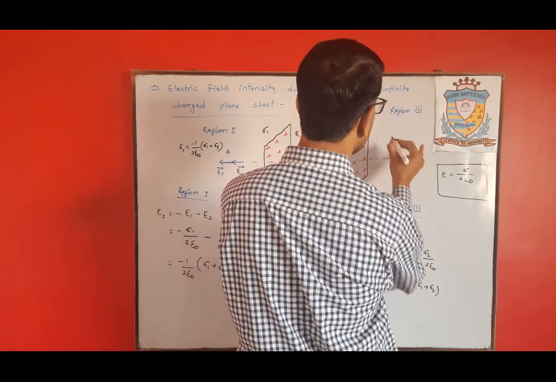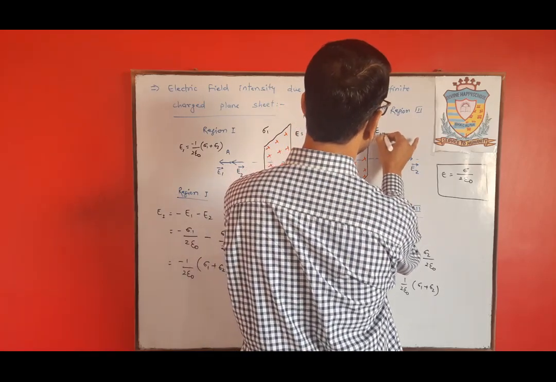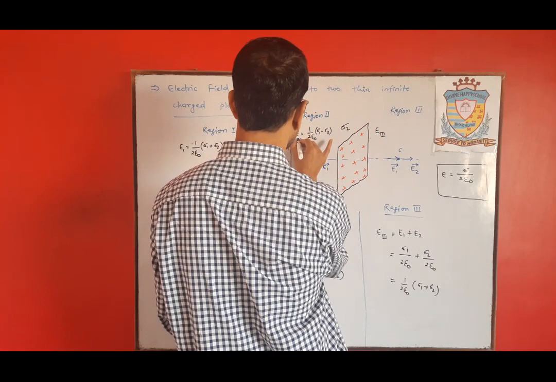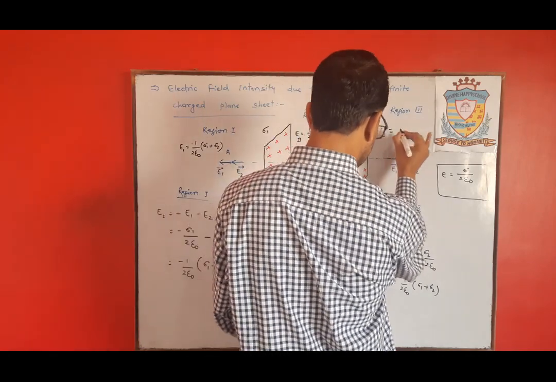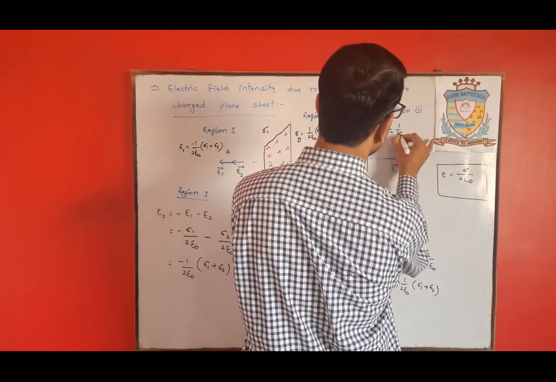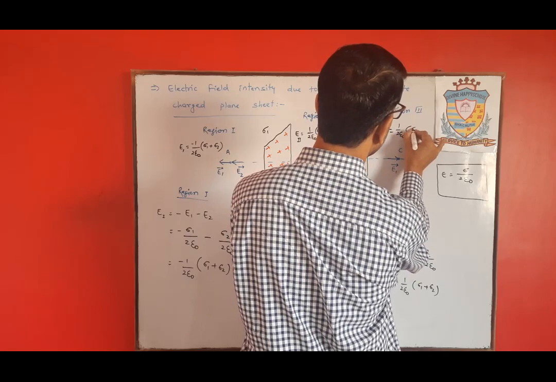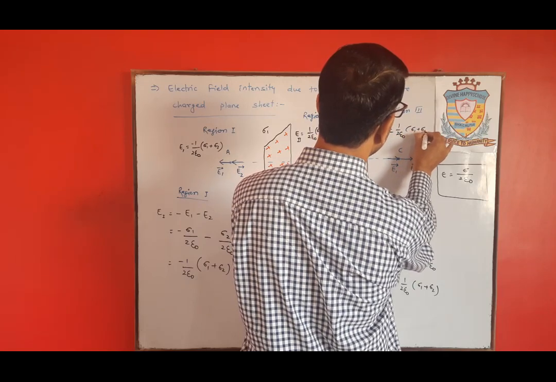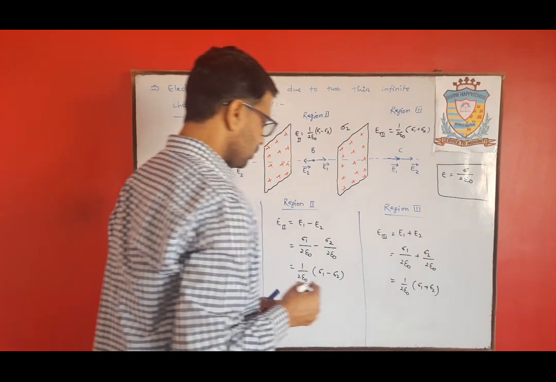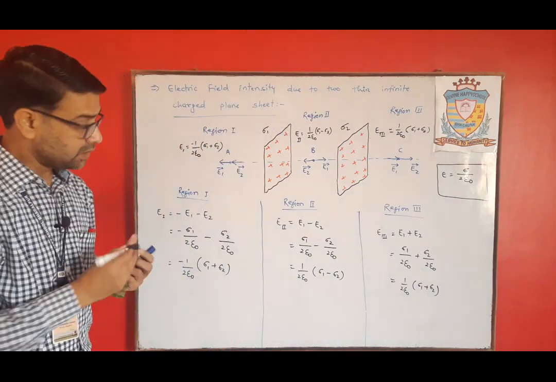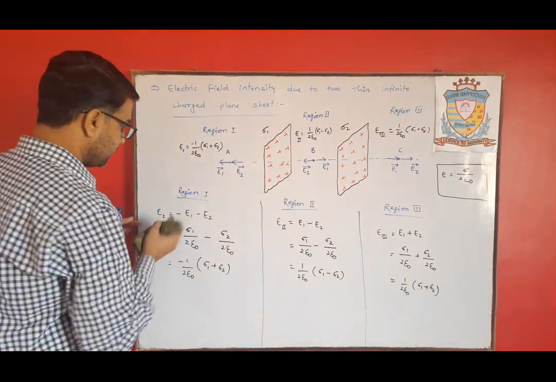In region 3, total electric field intensity is equals to 1 upon 2 epsilon naught, sigma 1 plus sigma 2. Okay. Now we'll see the special cases.